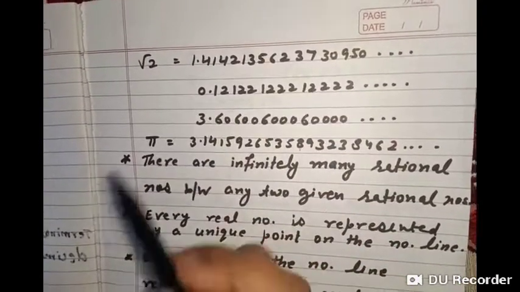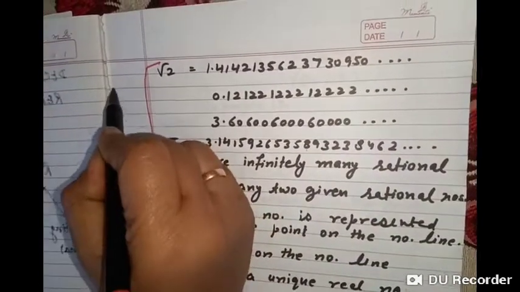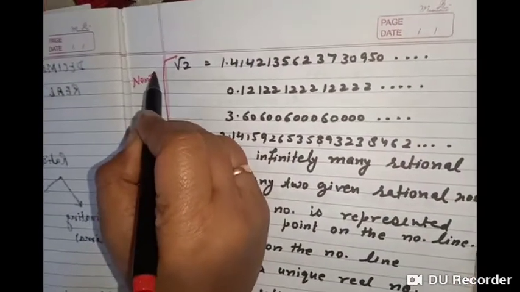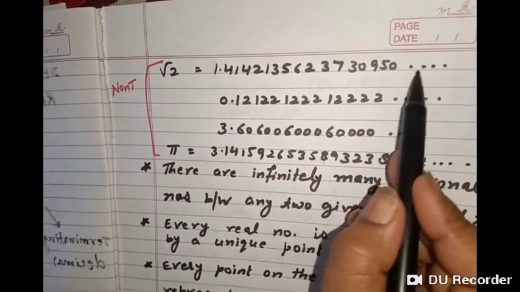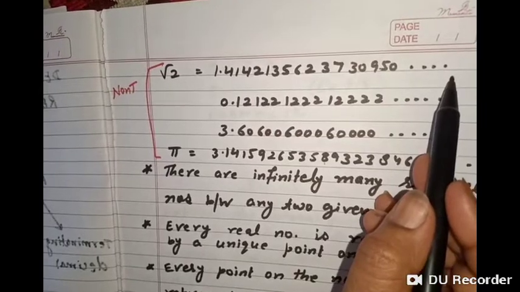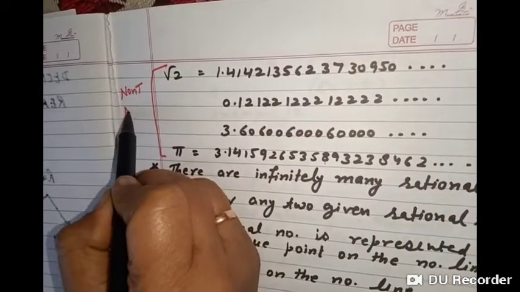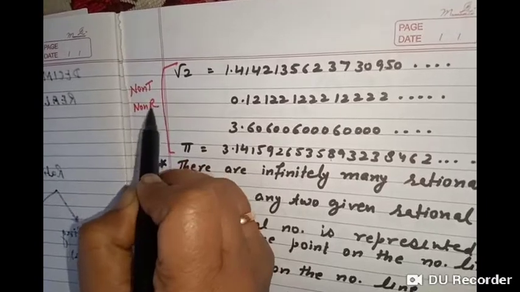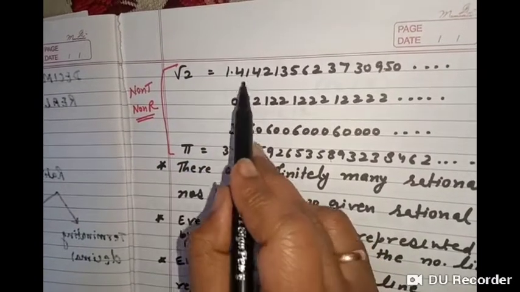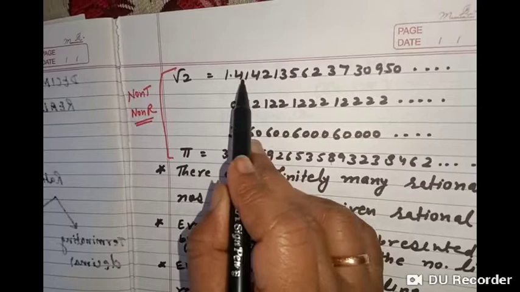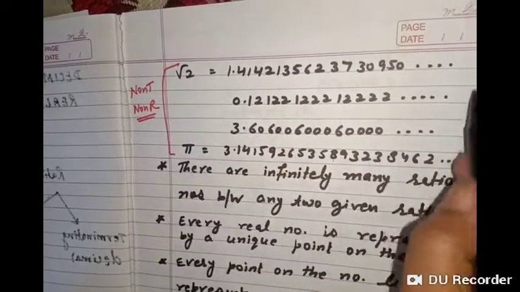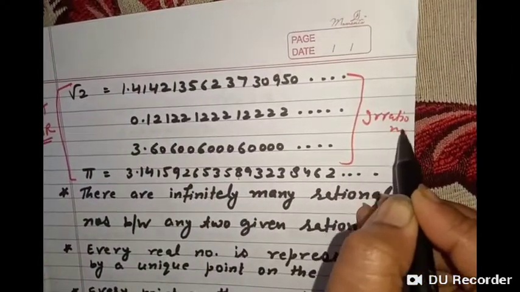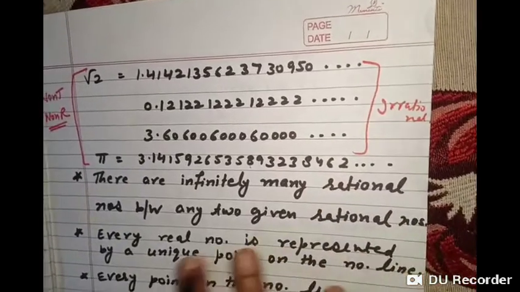So which type of numbers are these? They are non-terminating, meaning the dot shows that it does not end, and non-repeating or non-recurring, meaning no digit or block of digits is repeating here. So these types of numbers are known as irrational numbers. I hope rational and irrational numbers are clear to you.